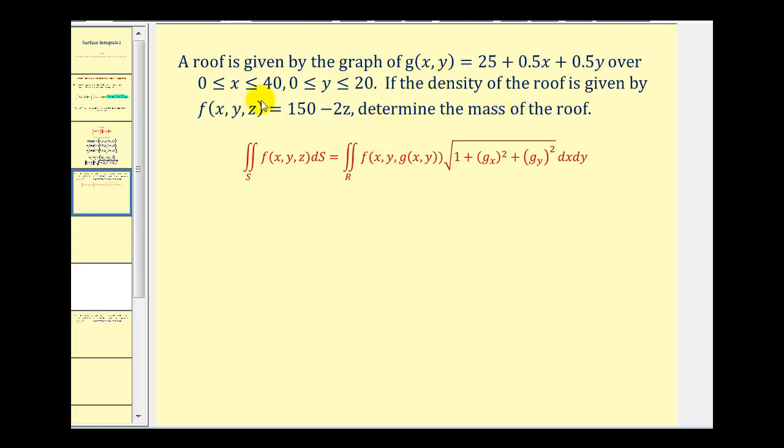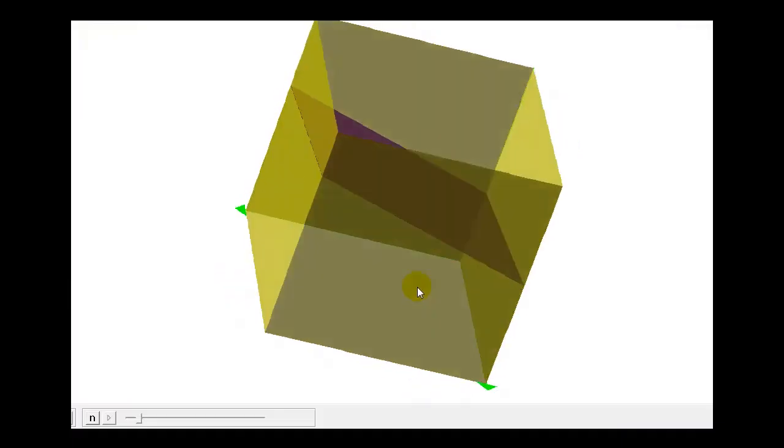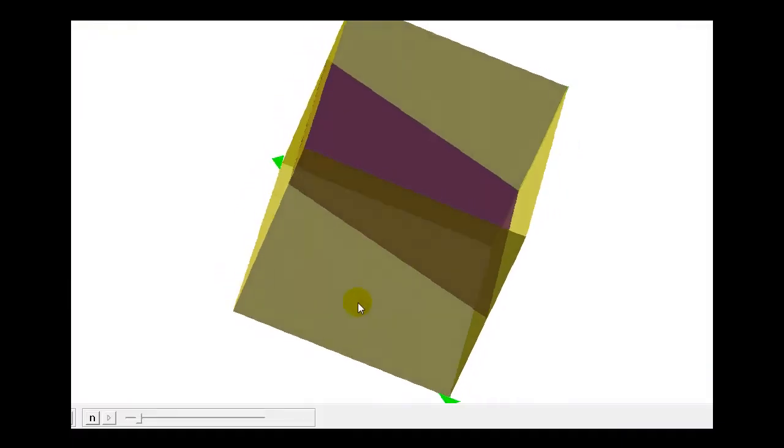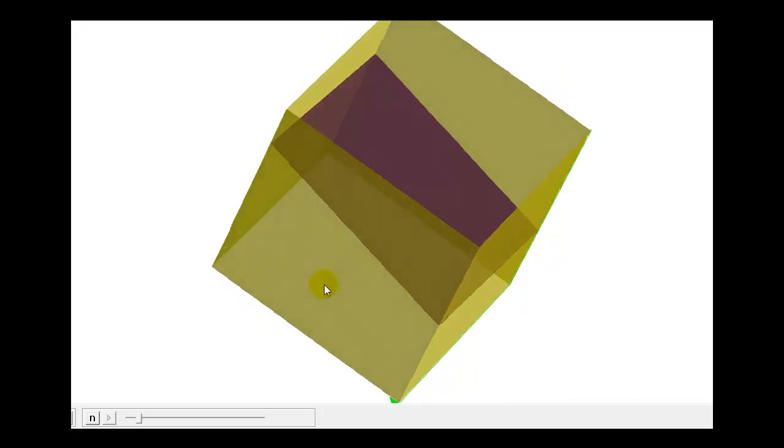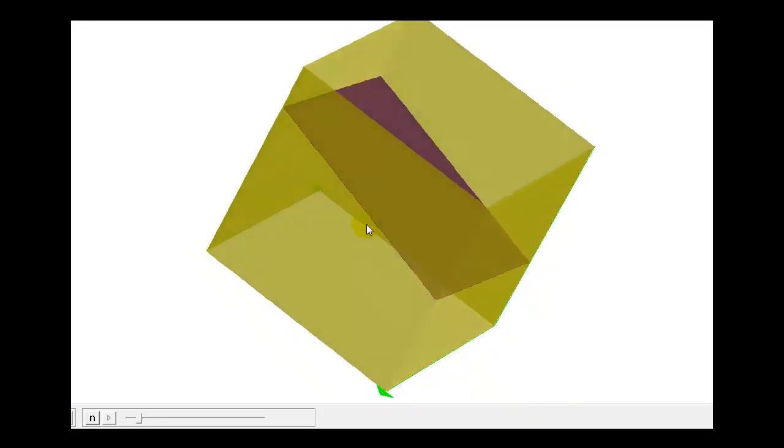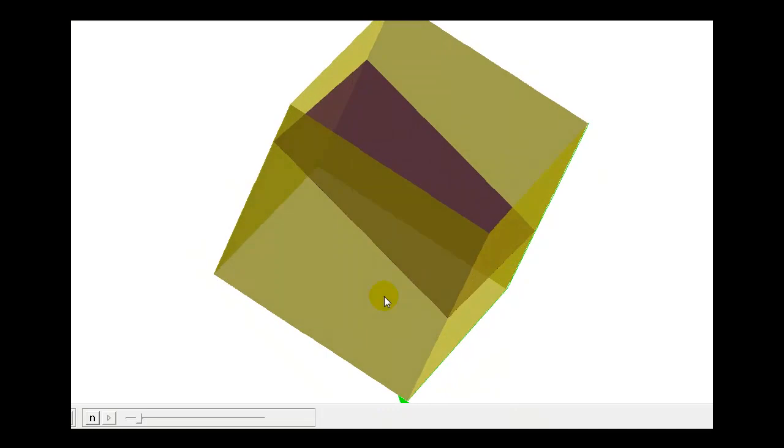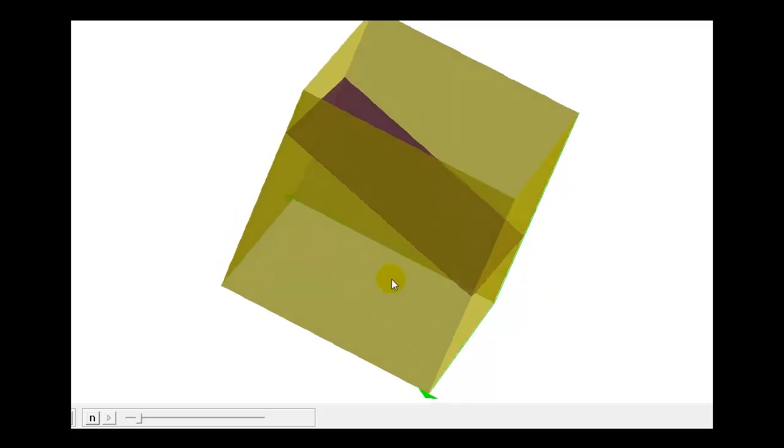So let's take a look at a graph of actually what's happening in this situation. The surface of the roof would be the purple plane, and the given region is bounded by these yellow planes. So if we integrate the density function over this purple surface, it'll give us the mass of the roof.